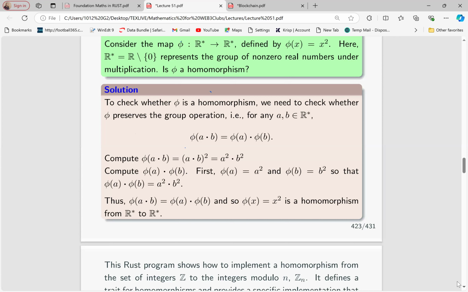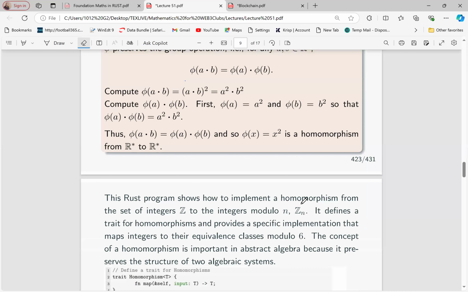Now, the following Rust program shows us how to implement a homomorphism from the set of integers to integers mod n, the one we've looked at in the example above.